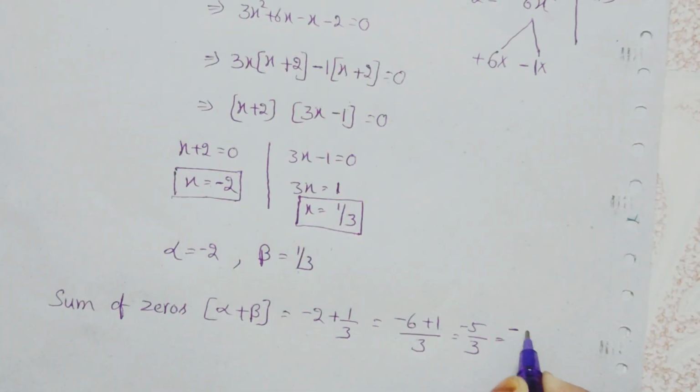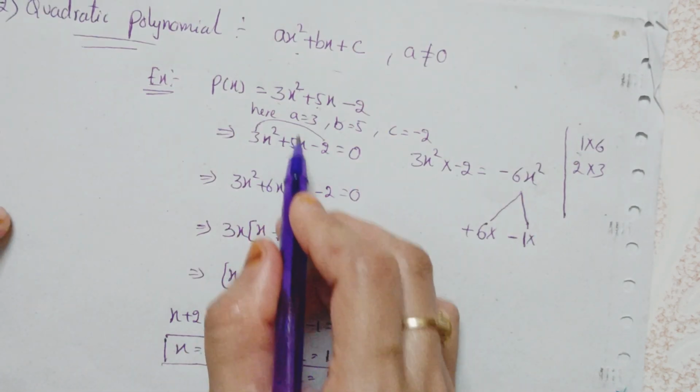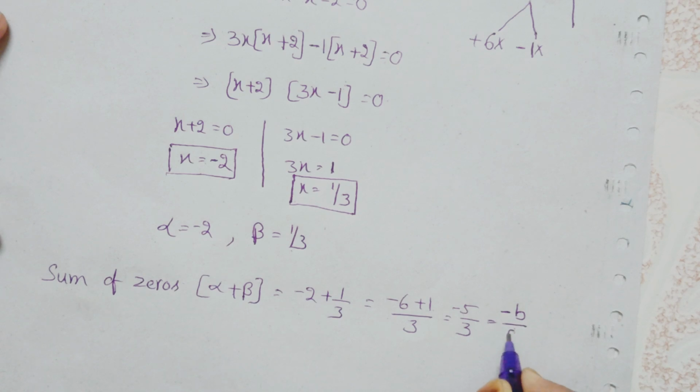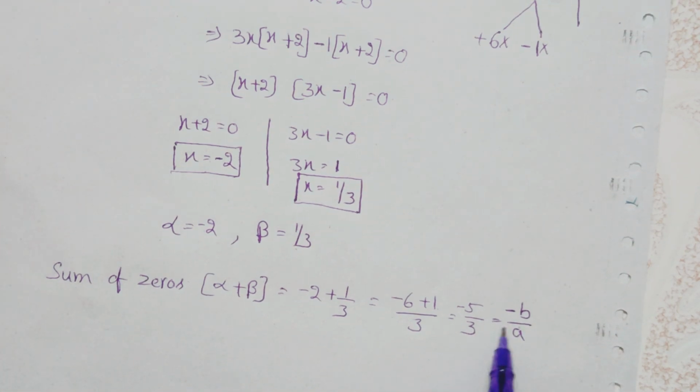In the place of 5 I can write b, and in the place of 3 I can write a. Are you getting my point? So −5/3 is nothing but −b/a.